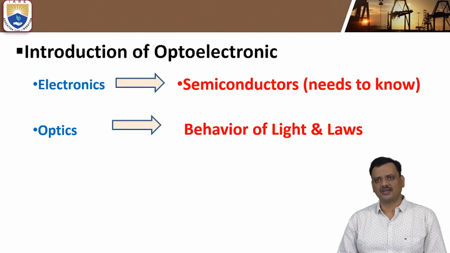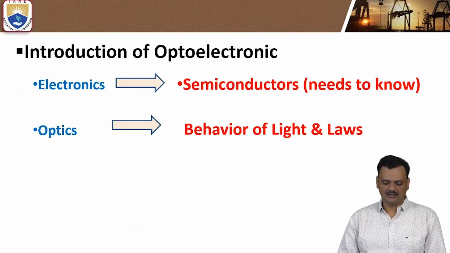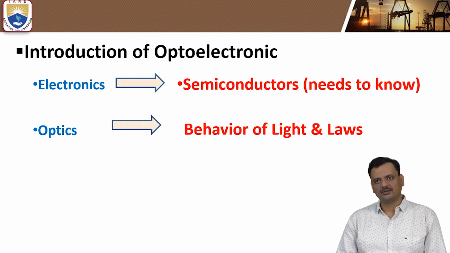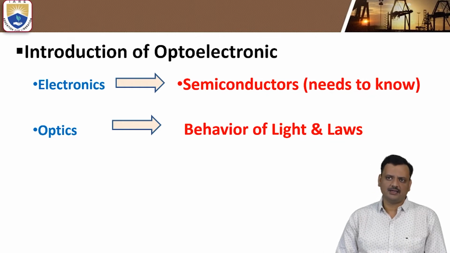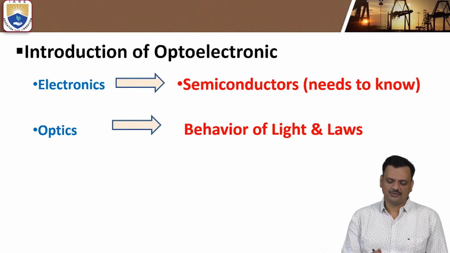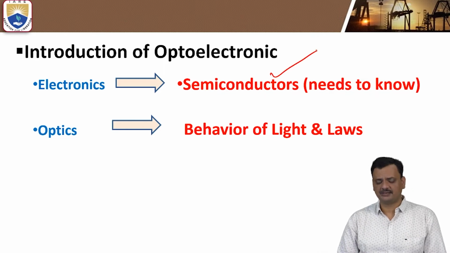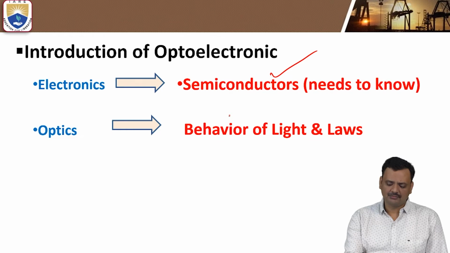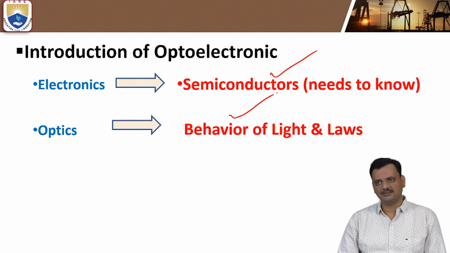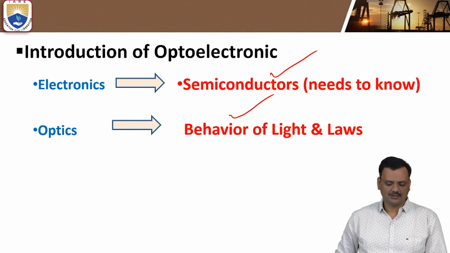Before going ahead in the field of optoelectronics, we should know some basic properties of semiconductors and some basic behavior of light and its laws, that is, the laws followed by light.